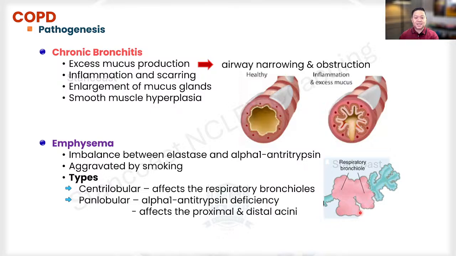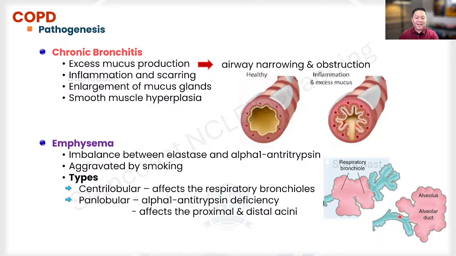Now, the second type is the panlobular, and this is associated with the alpha-1 antitrypsin deficiency. It looks like this, affecting directly the alveoli. So now it's hyperinflated, right? And looking at the bronchiole, it is not affected at this point.